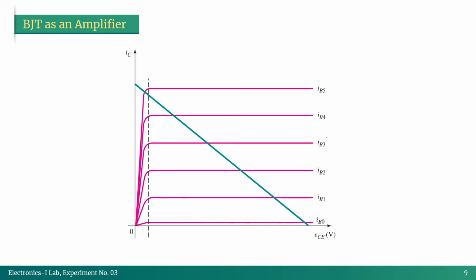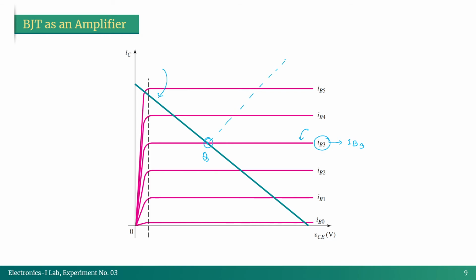Let's say for our circuit here, particularly we are giving a base current as IB3 here, and this graph is active, and this is our DC load line. So that means this is our operating point, right? The Q point.